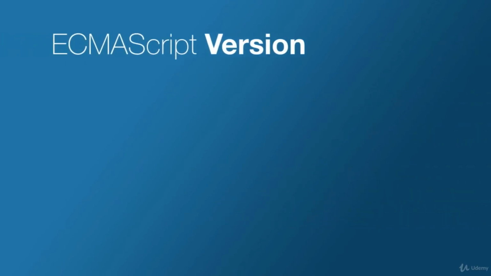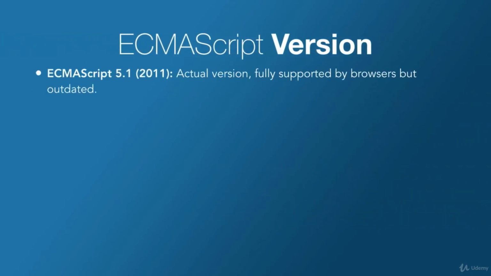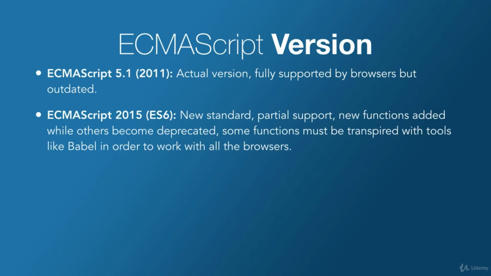So let's continue. Let's see, for example, the ECMAScript versions. In 2011, ECMAScript 5.1 was released. This is the actual version. It's fully supported by the browsers, but it's a little outdated. Then we have ECMAScript 2015, which is also referred to as ECMAScript 6 or ES6.